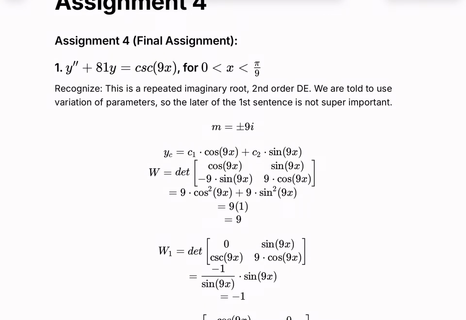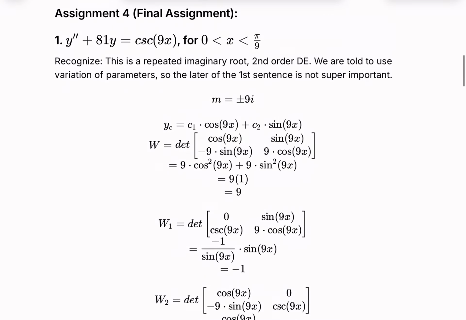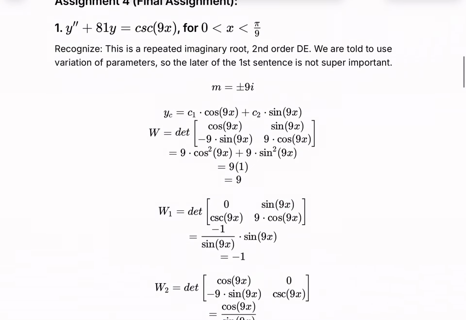But yeah, with the first question, I always have this recognize part, because you really want to understand what type of question you're doing. The question tells us to use variation of parameters. So instantly you zero off and plug in your m, you isolate, and you get the repeated imaginary root.